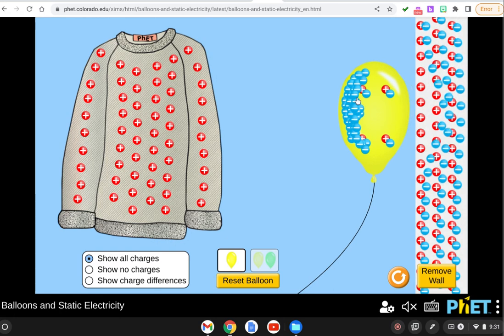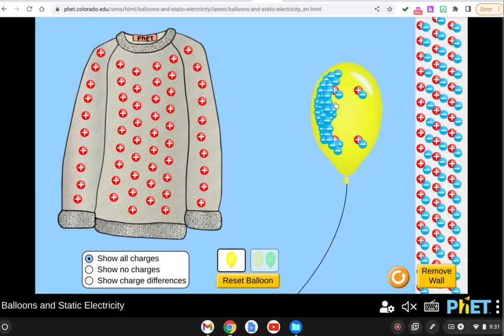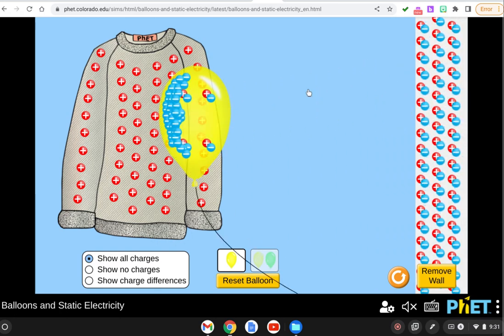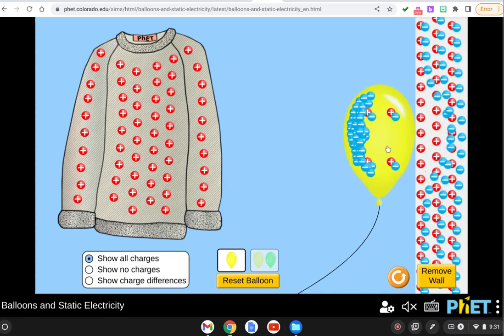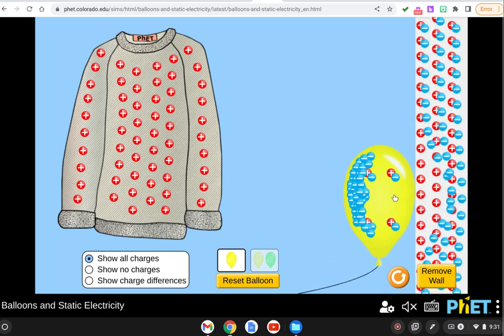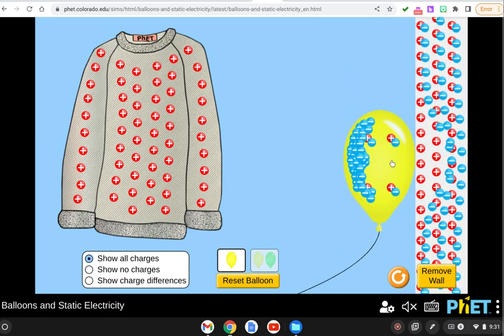If I leave here, why? Because now force of attraction is more, and you can see that here on the wall electrons are moving away because of repulsive force. Is this clear now? For everyone it is clear? Okay, let's go ahead now.